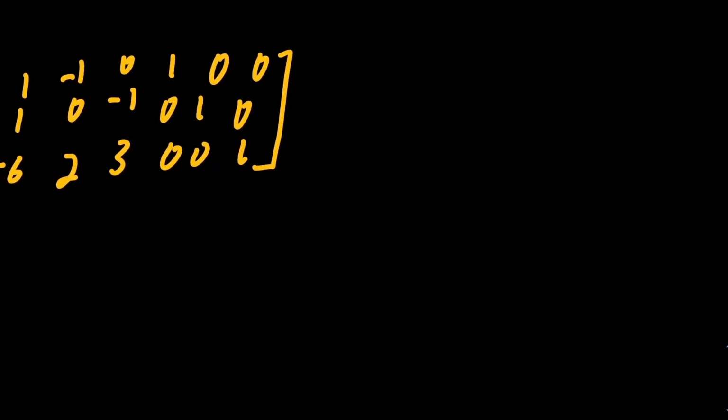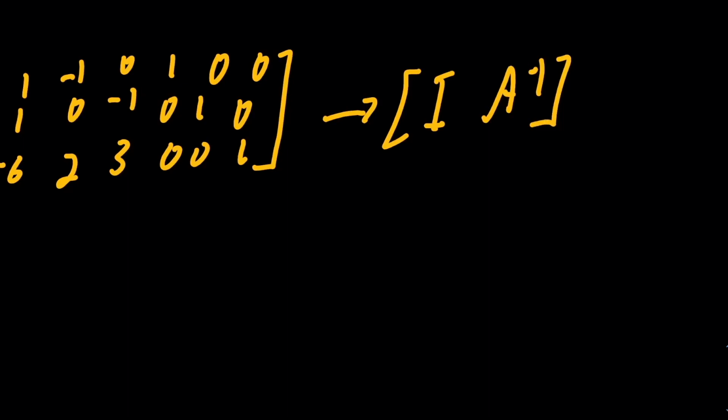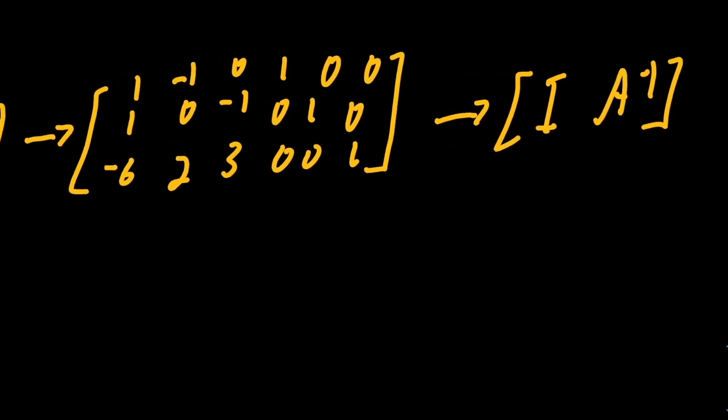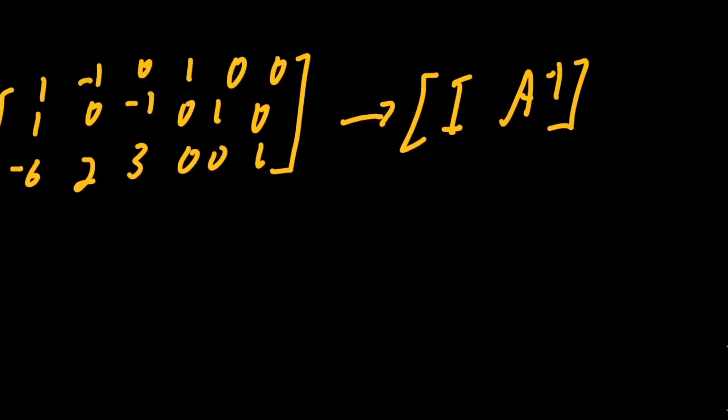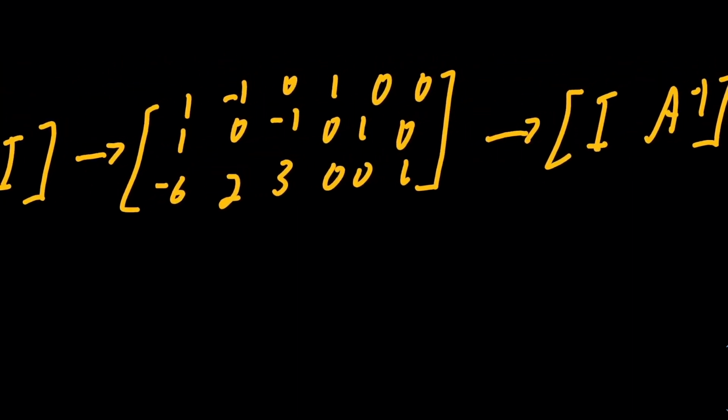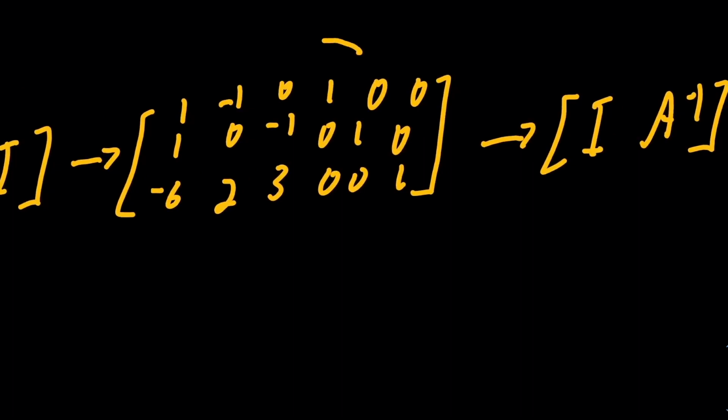And now, let's use elementary row operations to obtain the form of this adjoint matrix. So what that means is we gotta move the identity matrix to this side, and using Gaussian elimination, we gotta move A to the other side.